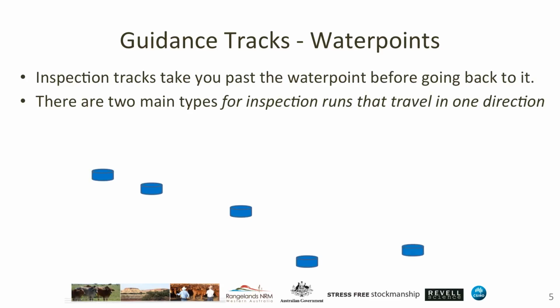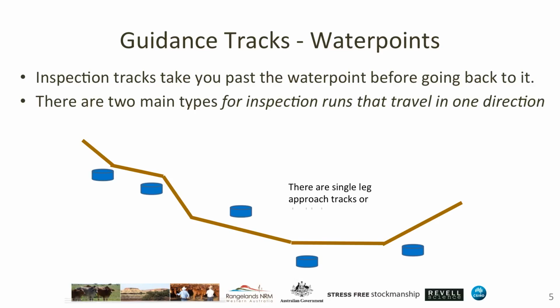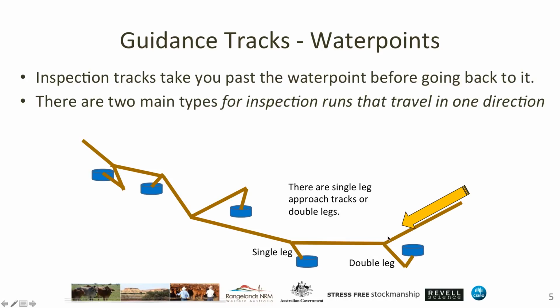So in this example, the guidance tracks are set up if you are accessing them from the same direction every time, in this case from right to left on the screen. In the first case, there's a double leg guidance track which takes the human past the water once, past the water a second time before the direct access into the water.